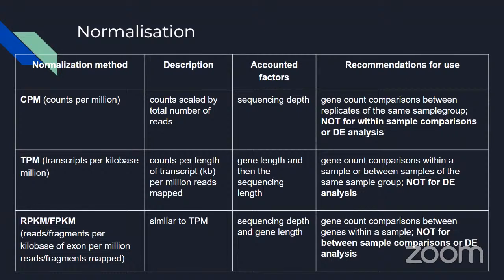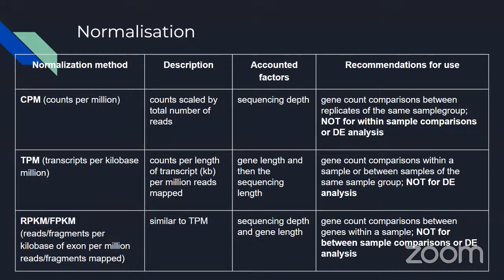But your question would be, why would you still want to normalize and look at this? The reason for looking at TPM is to use these counts in expression exploratory data analysis, which we will be going through in the later part. When you're doing exploratory data analysis, you can't simply use the raw counts.